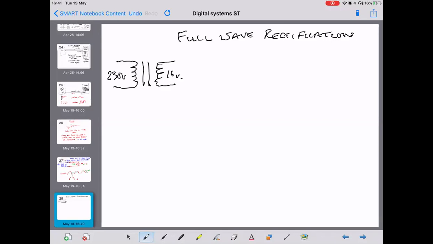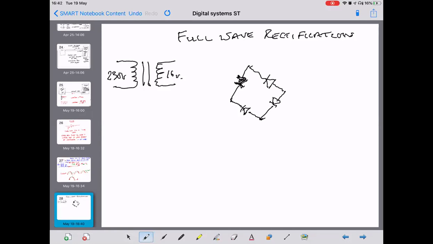This time what we have is four diodes in what's called a bridge, like so. Anyone seen that symbol before?